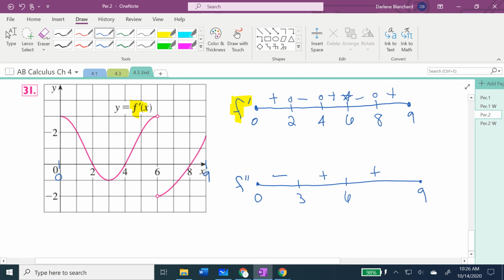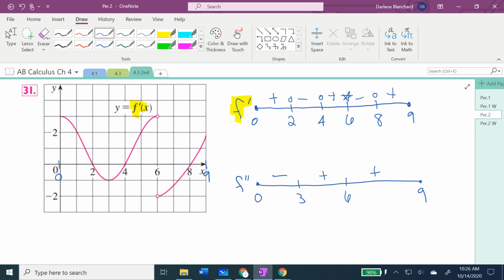And I want to point out to you that f prime, which is this graph, is discontinuous at 6. As soon as a function is discontinuous, every derivative, however many derivatives down you need to go, does not exist for that x coordinate.